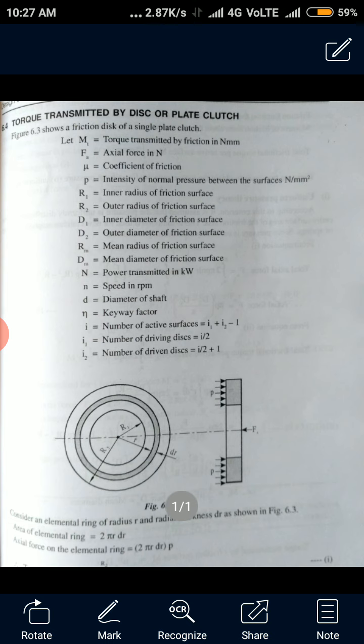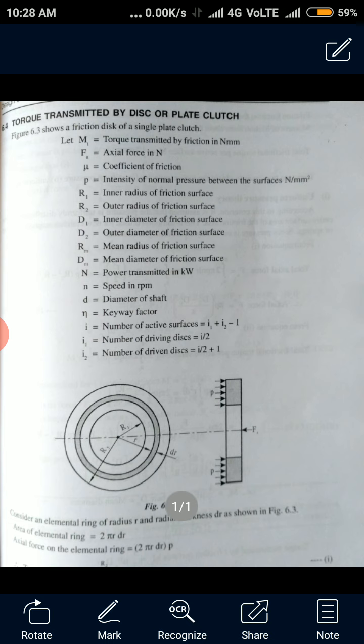Then mu is the coefficient of friction, p is the normal pressure between the surfaces when they get engaged, R1 is the inner radius of the friction surface, R2 the outer radius, D1 the inner diameter, D2 the outer diameter, Rm the mean radius, Dm the mean diameter, P the power transmitted in kilowatts, N the speed of the shaft in RPM, d the diameter of the shaft, theta the KVA factor, and i the number of active surfaces, which equals i1 plus i2 minus 1.